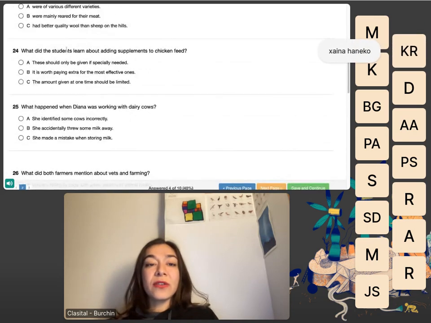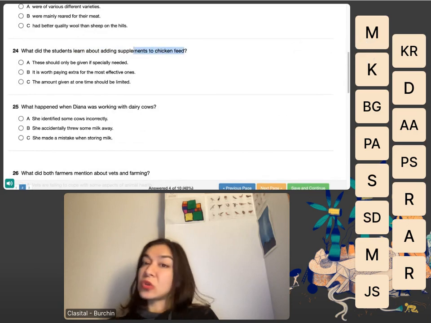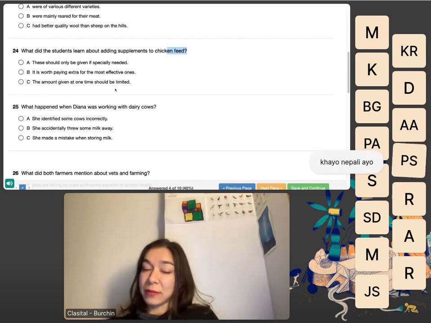What did the students learn about adding supplements to the chicken feed? They should only be given if specially needed. It is worth paying extra for the most effective ones. The amount given at one time should be limited.